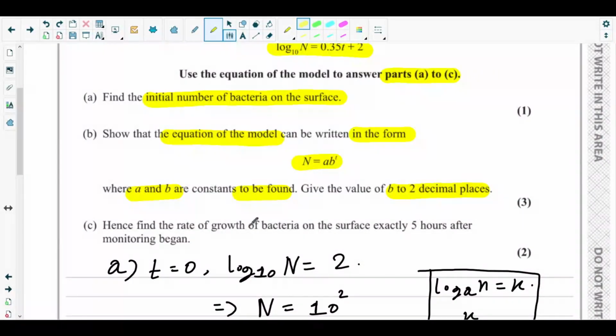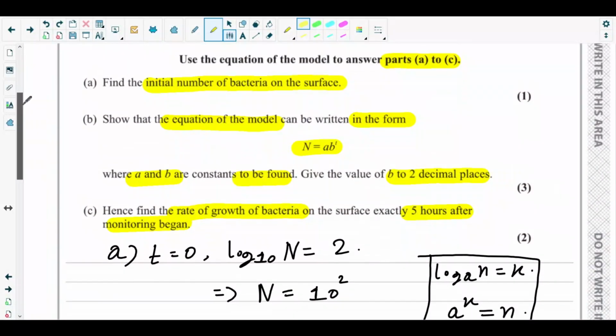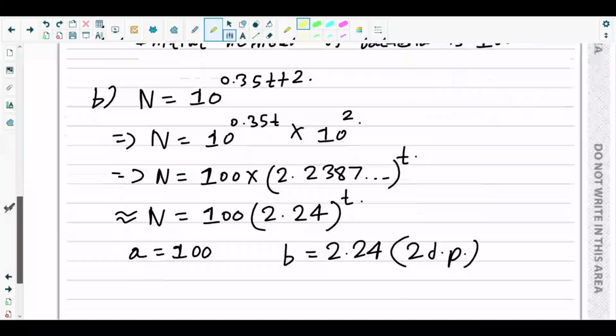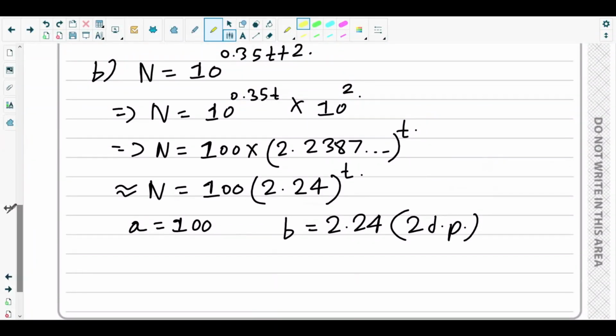Next is part C. Part C says, hence find the rate of growth of bacteria on the surface exactly 5 hours after monitoring began. So we need to find the rate of growth of bacteria, which means we need to differentiate the equation for n.